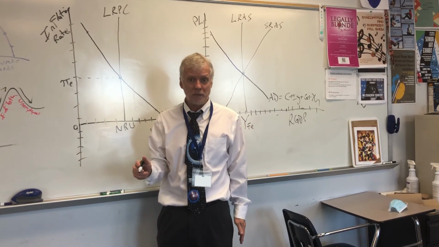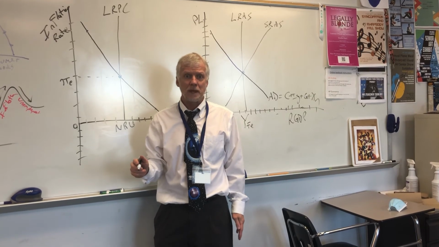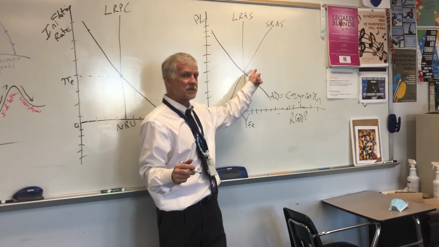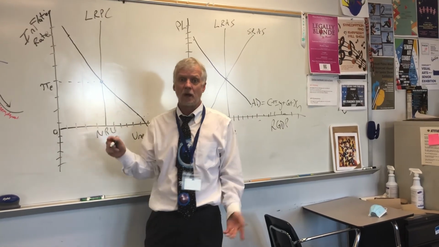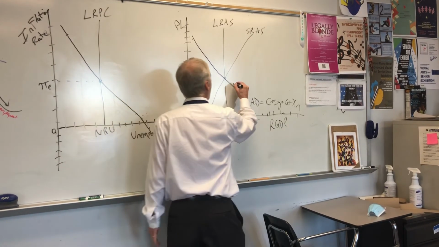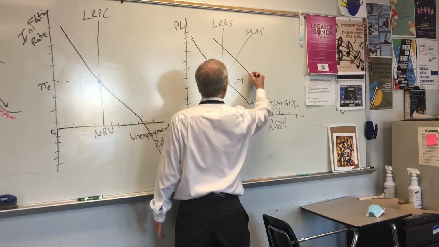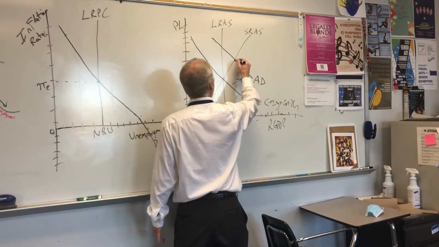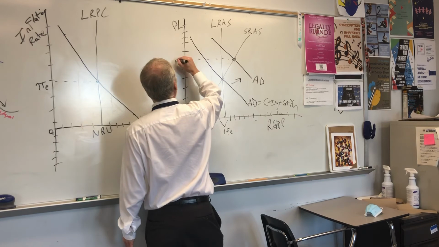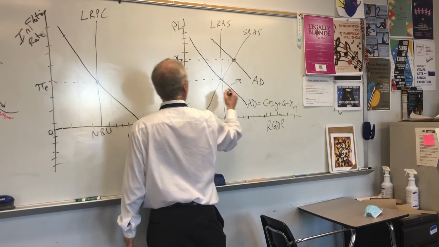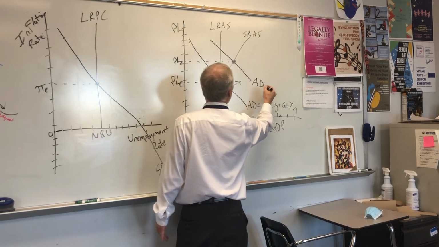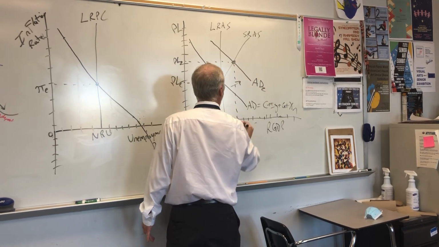If aggregate demand shifts, that's just going to be a movement along SRAS, which means it would just be a movement along SRPC. For example, if AD increases, that means we are now at a greater price level than we were previously, and output increased.